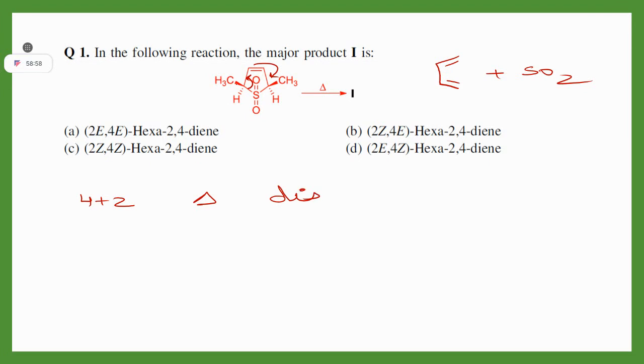Since these bonds are cis to each other in your starting material, on this rotation they will be trans, so they are going to be in the opposite direction. Therefore, if we do nomenclature, this is our E alkene, this is our E alkene, right? So the correct answer is option A.